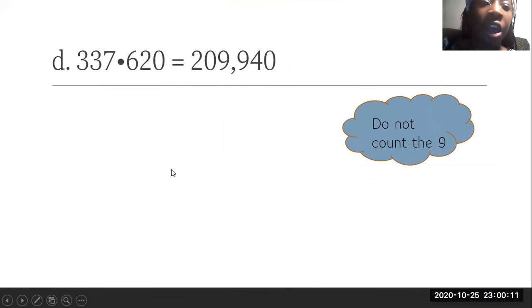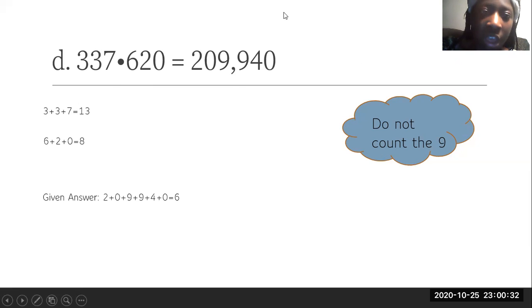And our last one, we just solve like we just did, which is 337 times 620. It doesn't matter if it's multiplication, subtraction, addition, or division, it's still the same. We're just trying to see if this equals the sum to this. So then we'll get 13, then we'll get an 8, and then we'll do our given answer, which will give us 6.